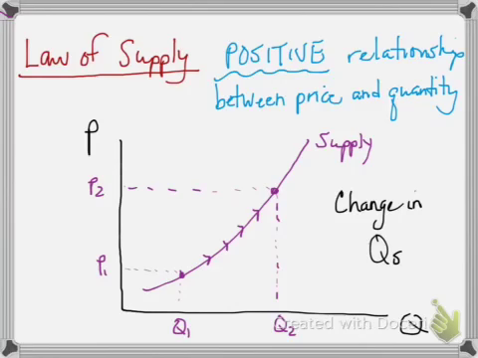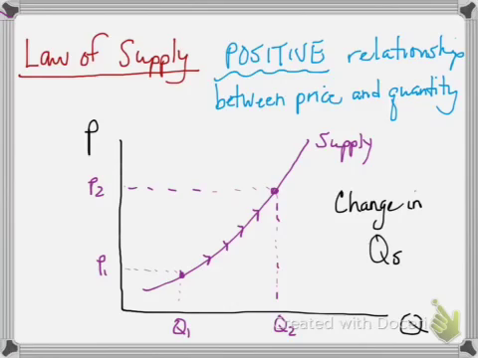At the lower price, P1, we would want to bring and sell in the marketplace a smaller quantity of units at Q1 than if the price was higher at P2, where we would want a larger quantity of units at Q2. So quantities are increasing out to the right, prices are increasing as we move vertically up the y-axis, and so positive relationship between price and quantity.